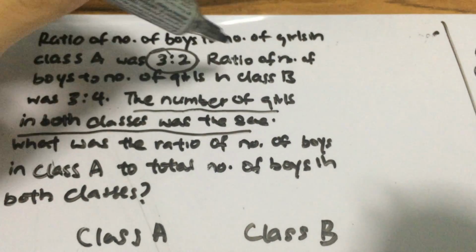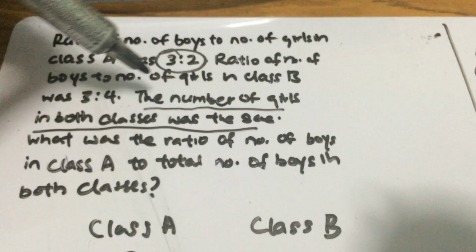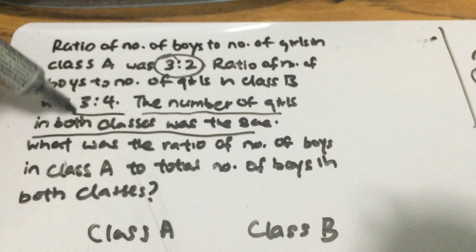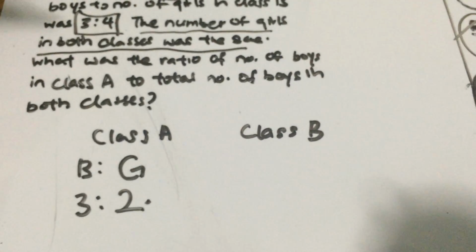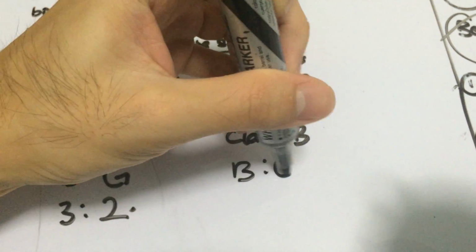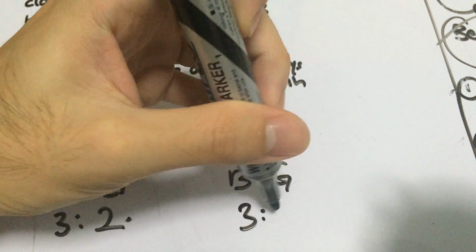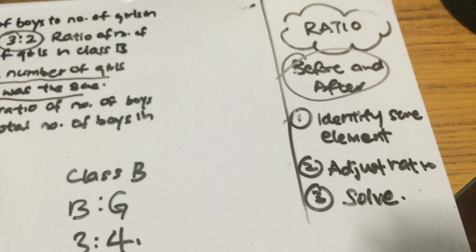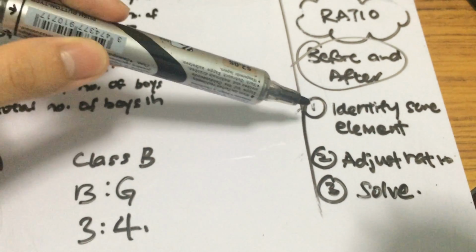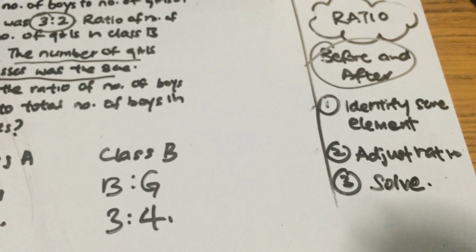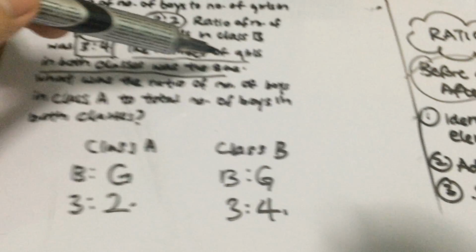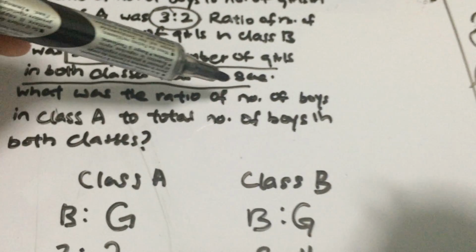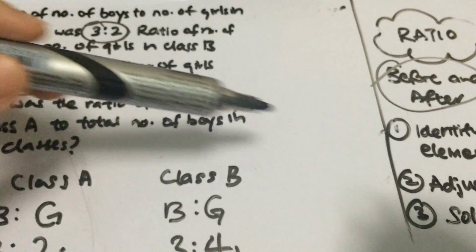And then the ratio of the number of boys to the number of girls in class B is 3:4. Same thing, we write down the ratio of boys to girls, 3:4. As you can see, after we identify the same element, which in this case is that the number of girls in both classes was the same, this is the same element.